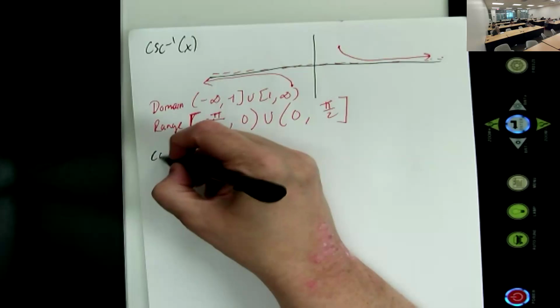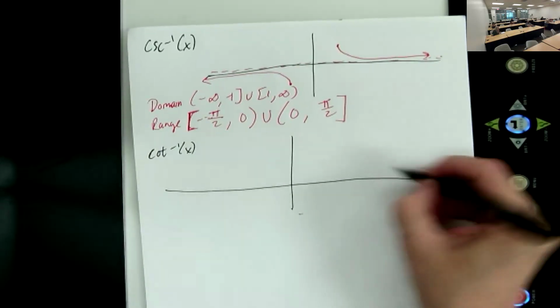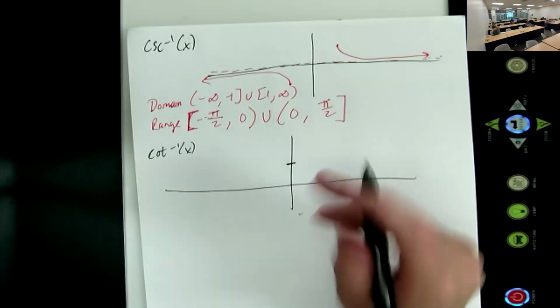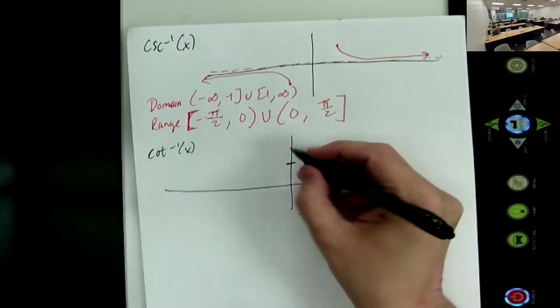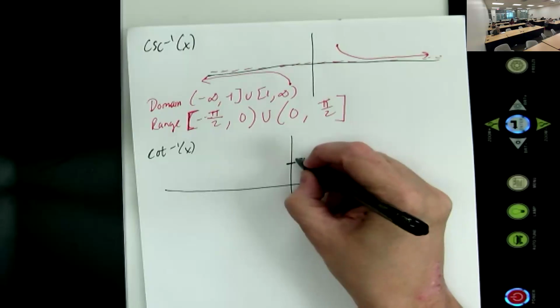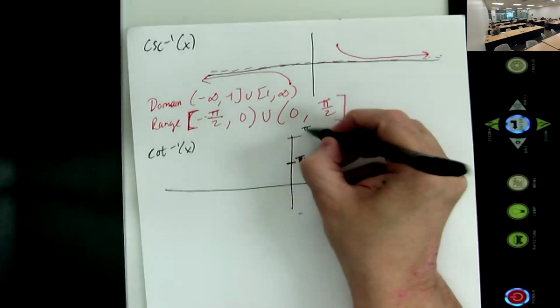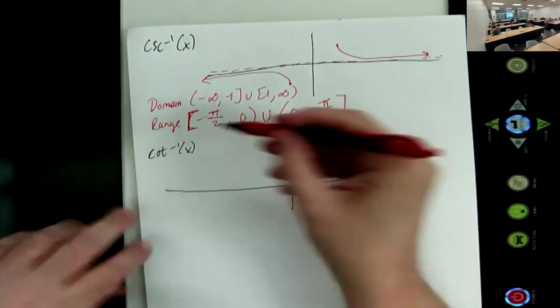And also for your notes, cotangent. That is at pi/2. It crosses there, goes up to pi. Pi and 0 are asymptotes.